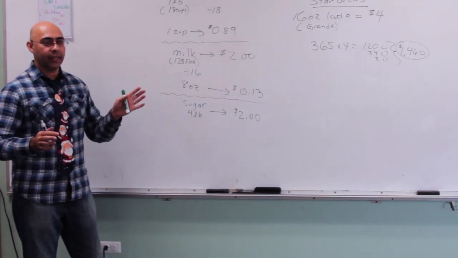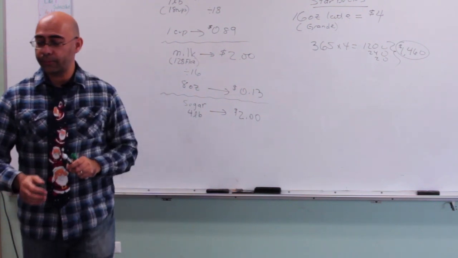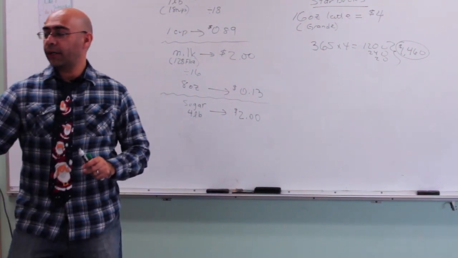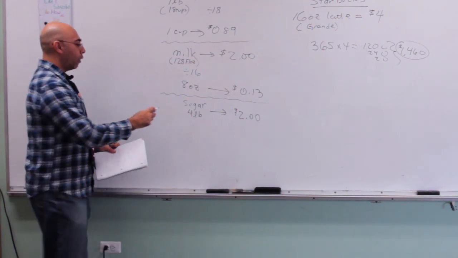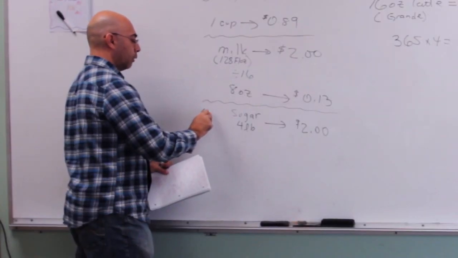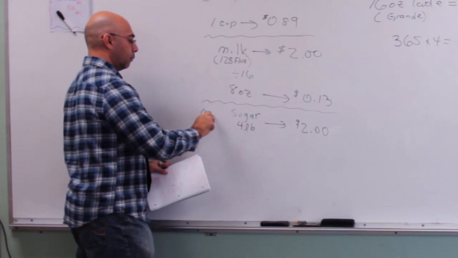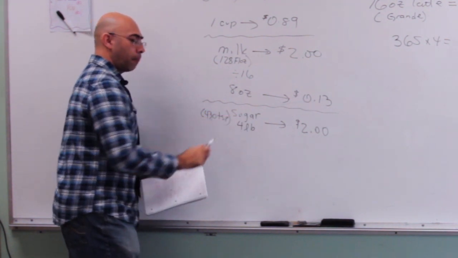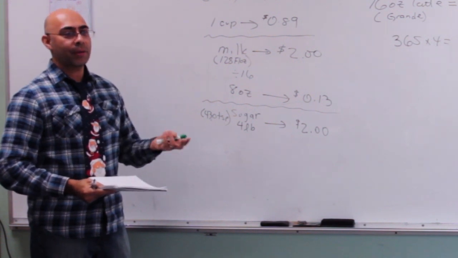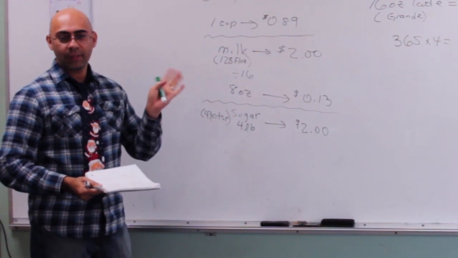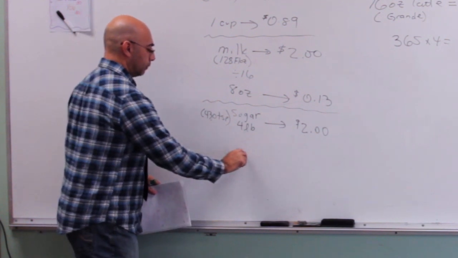I did some calculations, and a 4-pound bag of sugar is about 430 teaspoons. So if you're going to use sugar in your coffee, maybe you want to use about 2 teaspoons.